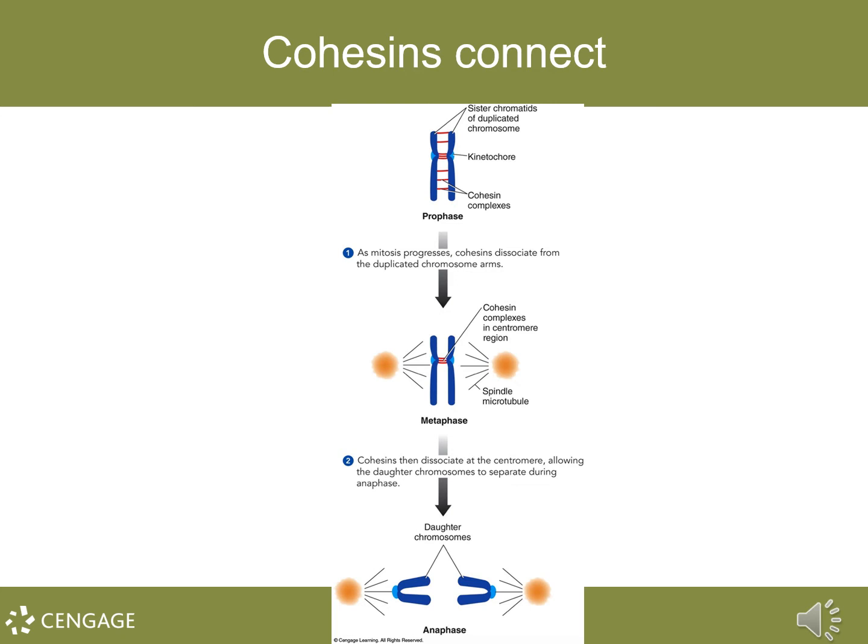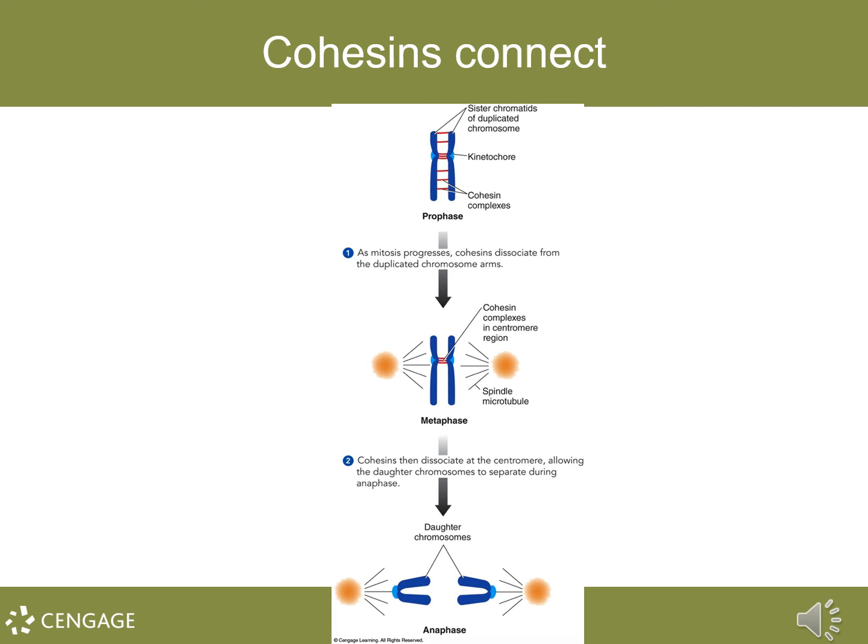But we still maintain it in the centromere region. However, once we get to anaphase, once all of our chromosomes are lined up along the midplane, and we've checked off that we have completed metaphase appropriately, then those centromere cohesins will dissociate, and then we can have those daughter chromosomes separate.